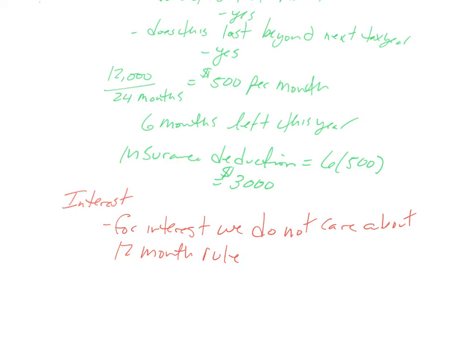So what do we have? We have $9,600 of interest over 8 months. What does that give us? That gives us $1,200 per month. Again, 6 months. 6 times that is 7,200.